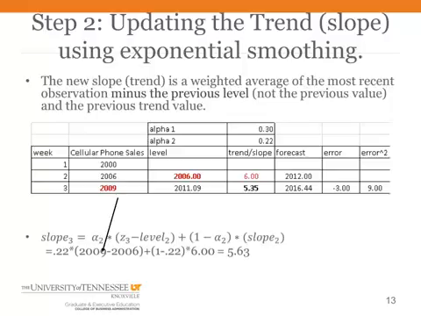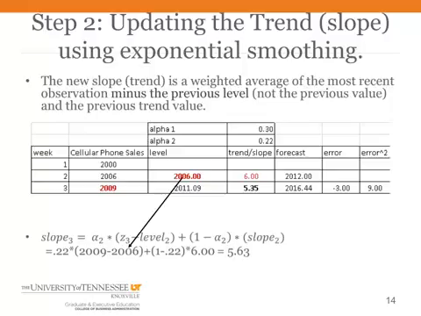And then I'm going to weight that and update the old estimate of the trend that I had in the previous period. So the first number in the formula is just the sales that I observed in the current period. From the sales of the current period, I'm going to subtract the estimated level of the previous period, and that's my best estimate of the slope that I just observed.